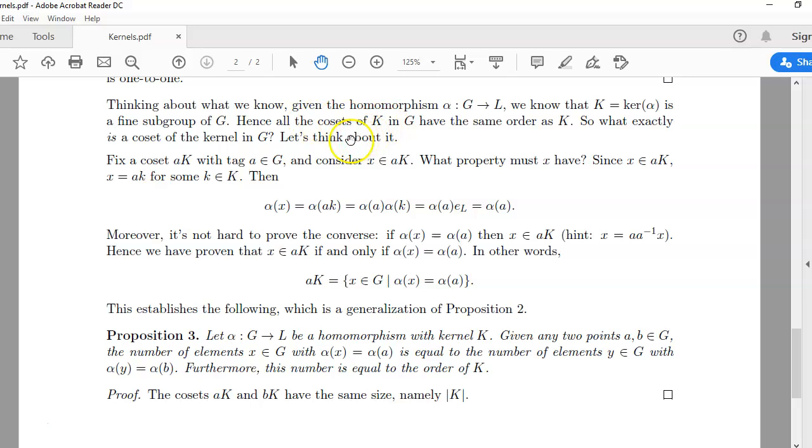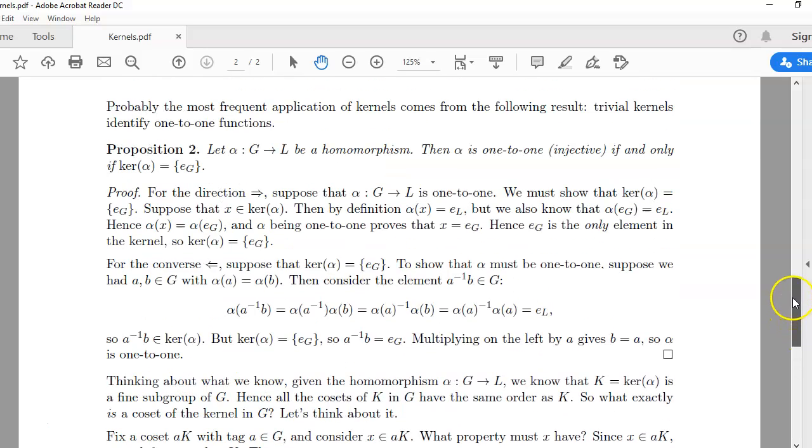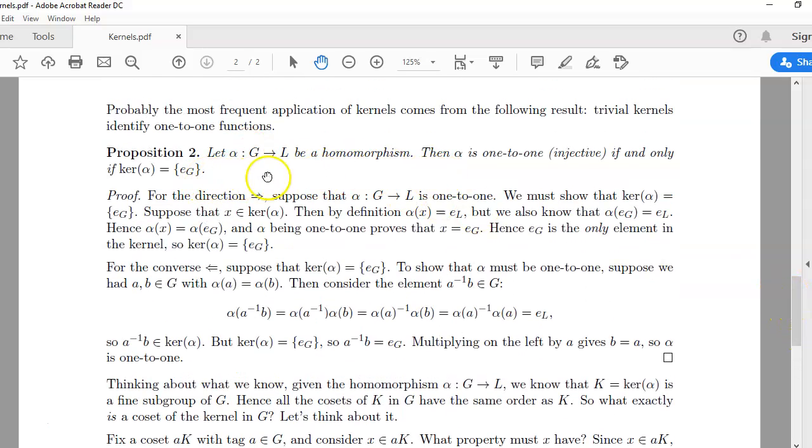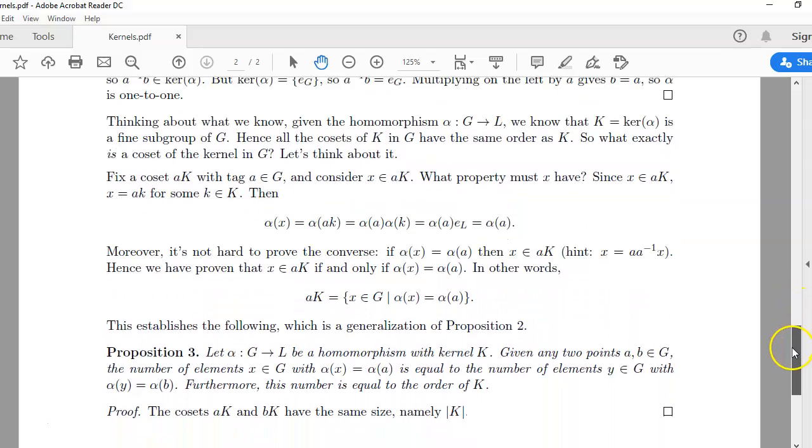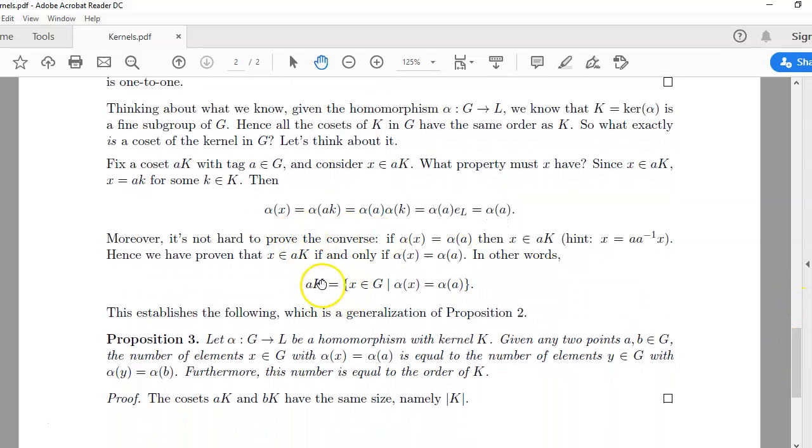But there's no reason you couldn't understand it right now. It tells you not just what the kernel has to do with one-to-one homomorphisms, but also what the kernel might tell you about cosets and what that says about your homomorphism. This is an extension of Proposition 2. You can read this and see if you can follow. It's a neat fact.